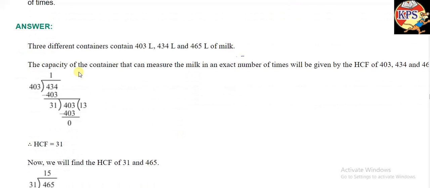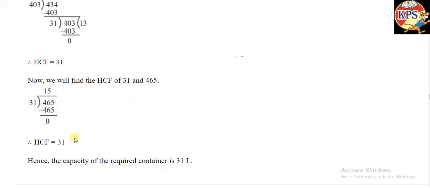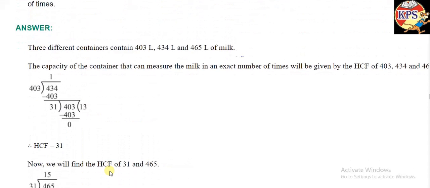Here three containers are given. As I have already told you, first we find the HCF of these two numbers. Here we are getting the answer 31, and now we find the HCF of this number and the third number, and we again get 31. Hence the capacity of the container is 31. If we use a container of 31 liters, we can measure the capacity of all these containers.